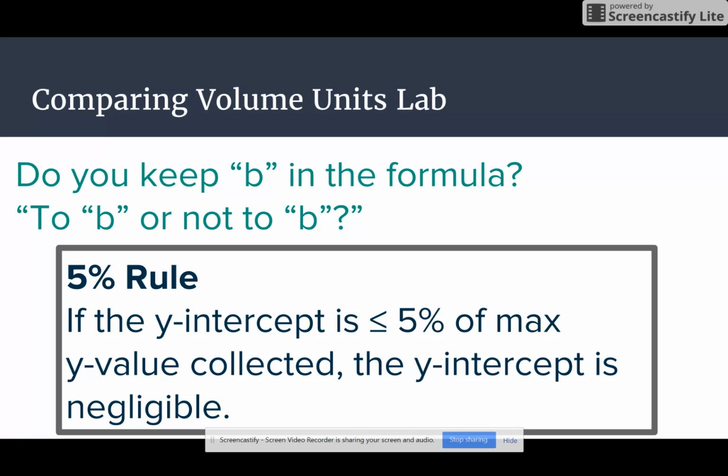Compare that value to your y-intercept from the statistics on your graph. If that value is more than the y-intercept, you would get rid of the y-intercept value. If the y-intercept value is larger than 5% of the maximum y value, then you would keep it.